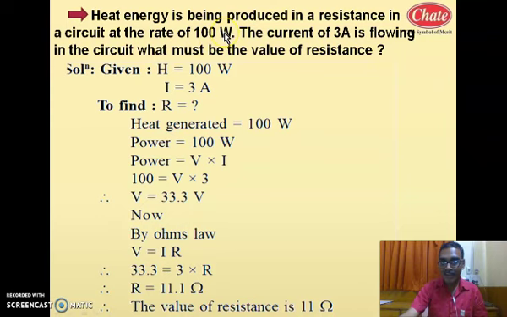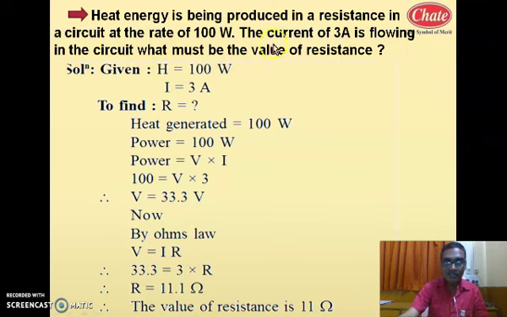What is watt? Watt is a unit of power. You know this from class 9th. So 100 watt is P, power. If a current of 3 ampere is flowing in the circuit, what must be the value of resistance?